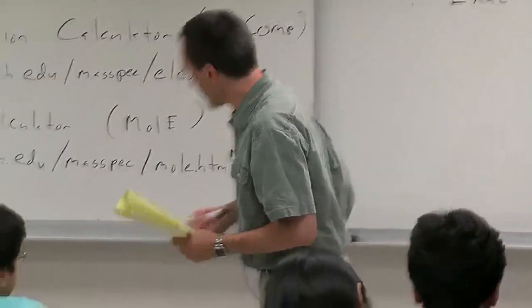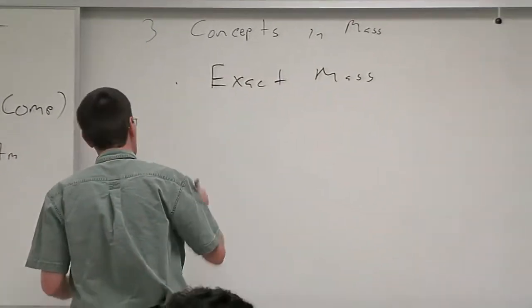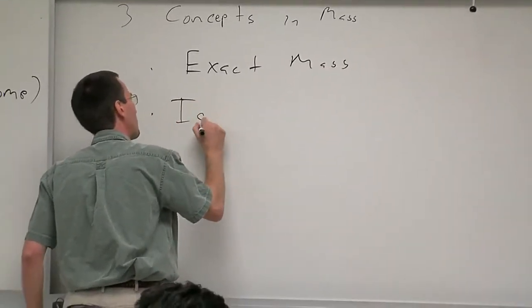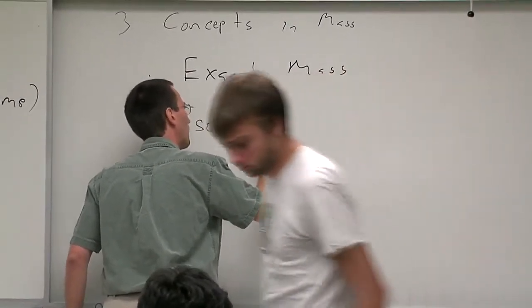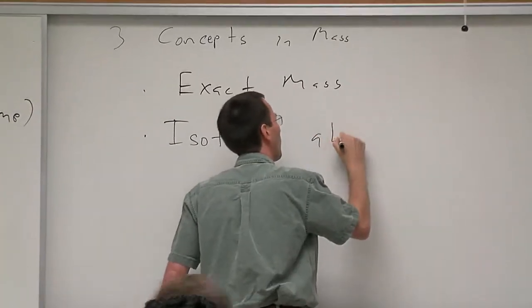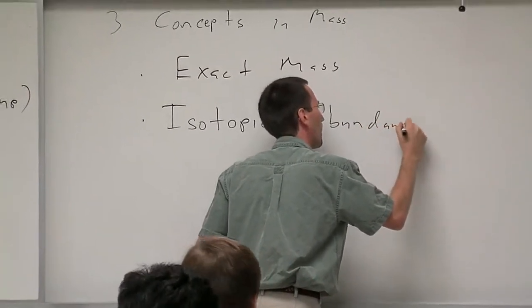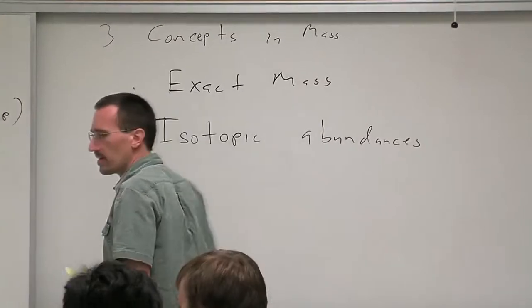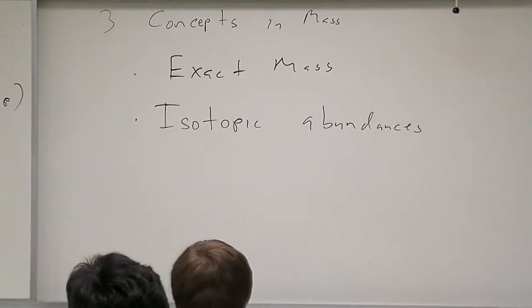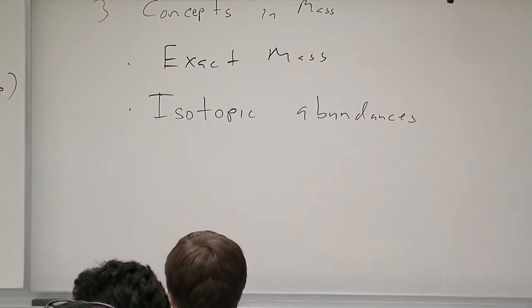So the second big idea which ties into that is isotopic abundances. The fact that different elements have different abundances of different isotopes.